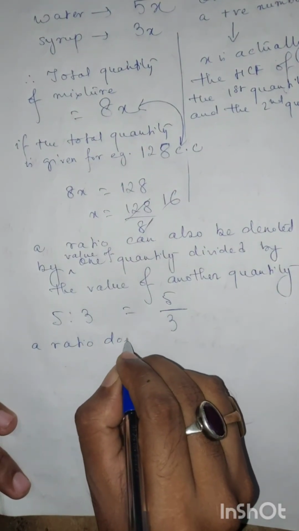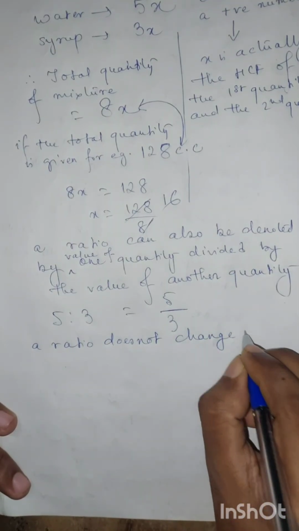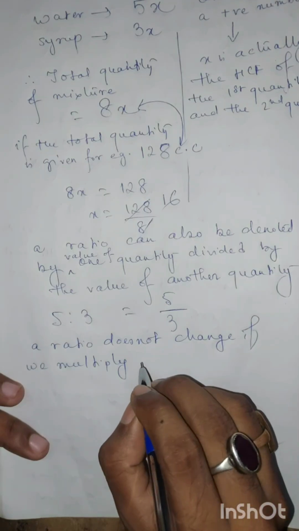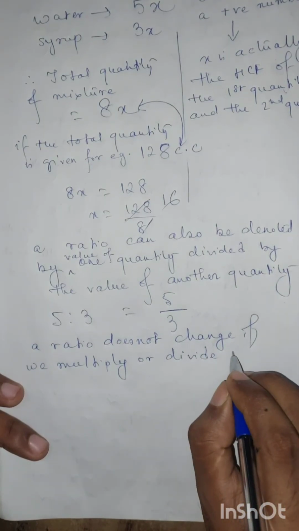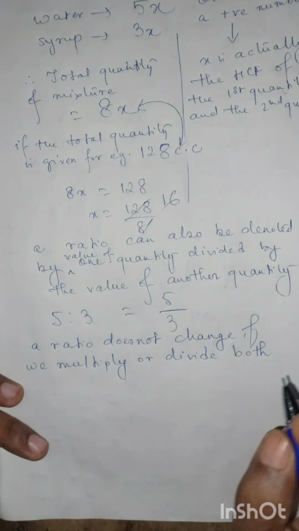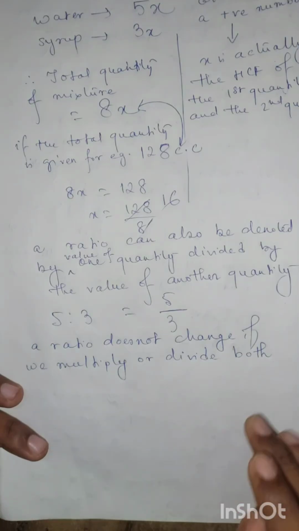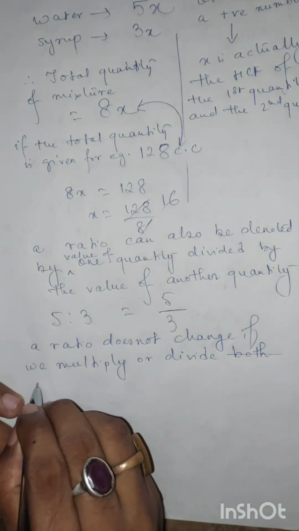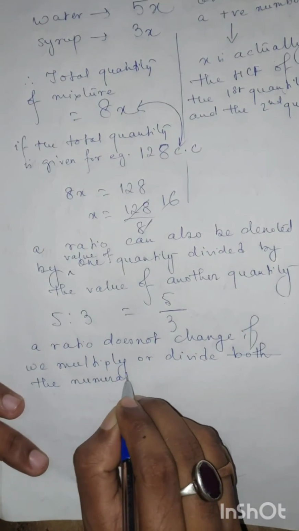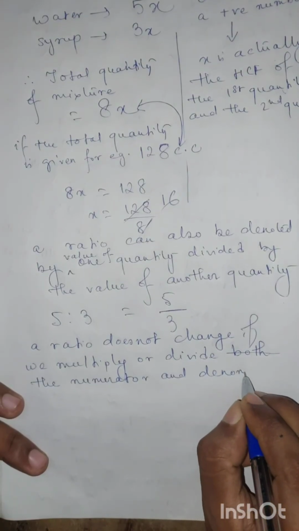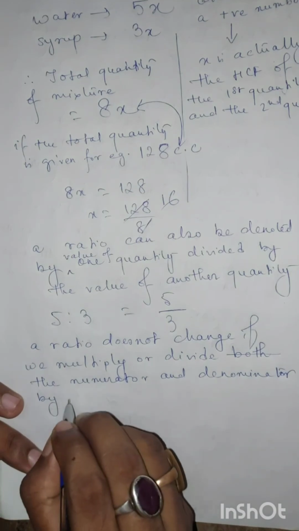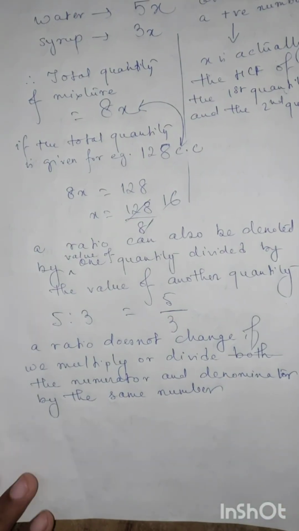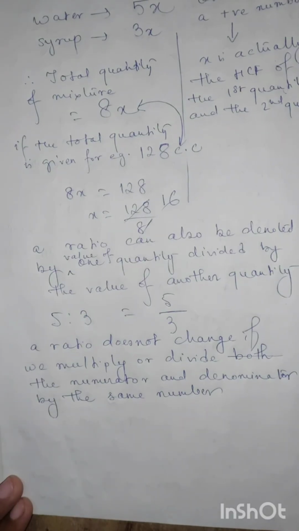A ratio does not change if we multiply or divide the numerator and denominator by the same number.